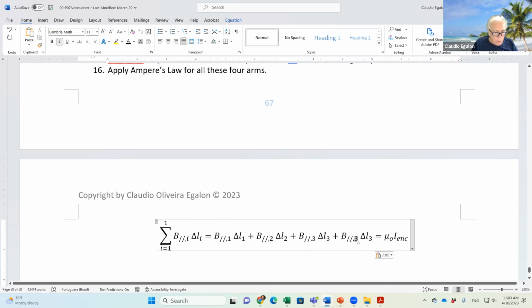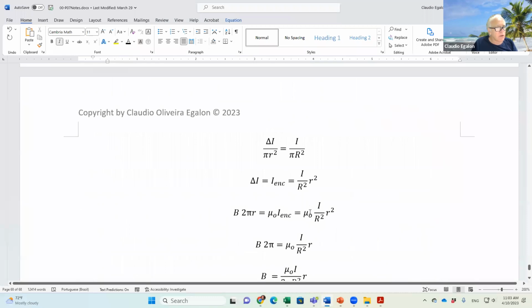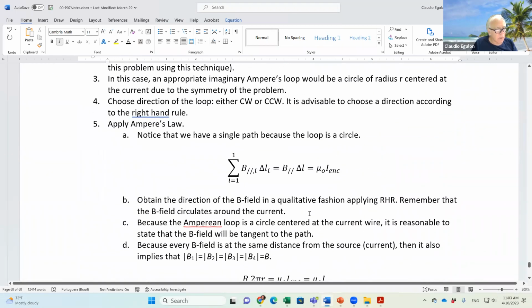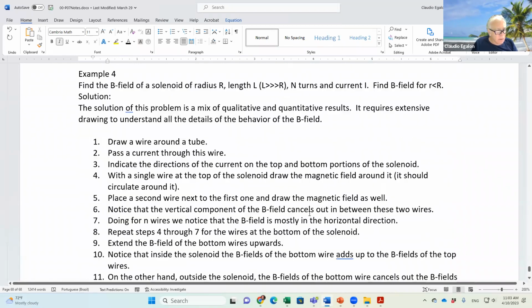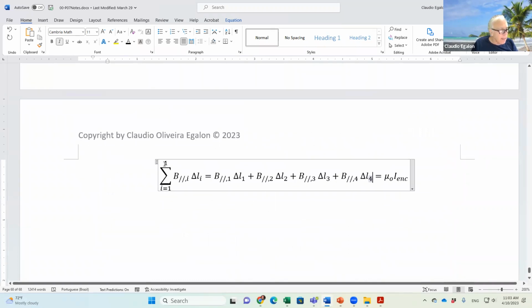Parallel 4, delta L4. Let me put another step here. I have to change it here, from 1 to 4, because it's 4 different paths. Okay. Remember that we saw that, let's see.